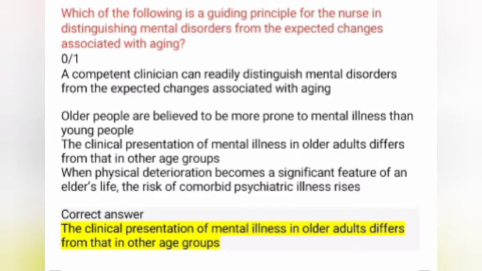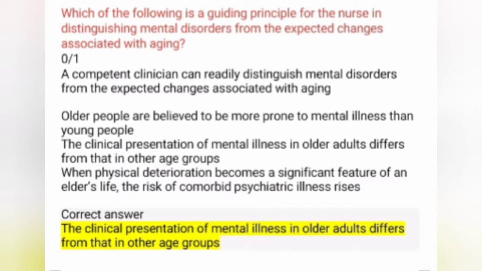Next question. Which of the following is a guiding principle for the nurse in distinguishing mental disorders from the expected changes associated with aging? Option A, a competent clinician can readily distinguish mental disorders from the expected changes associated with aging. Option B, older people are believed to be more prone to mental illness than young people.